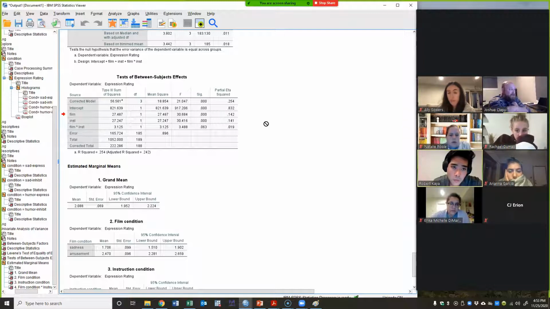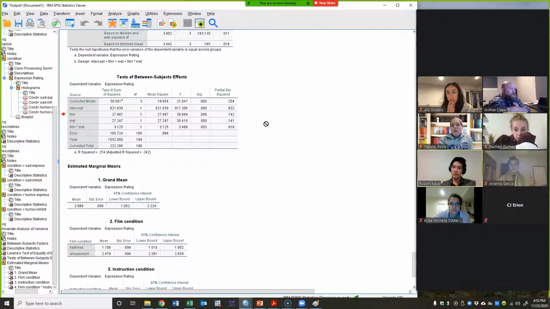And so what does that main effective film mean? So we have sufficient evidence to reject the null. Yep, sure. But practically, what does that main effective film mean for expressive behavior? That the film does display an effect that we would expect to persist across conditions.